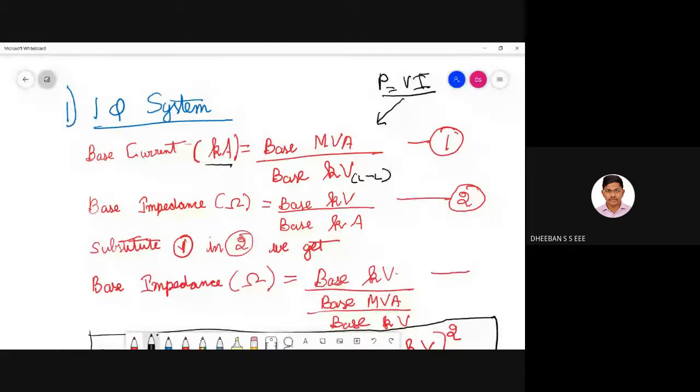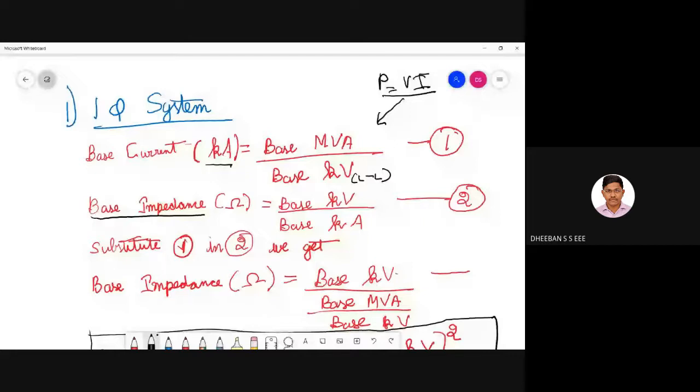So in case of the per unit, if you want to find the per unit, as we have seen, the formula for the per unit is actual value divided by your base value. Initially they will be giving your actual value. It is you who have to find the base value, so you have to find the base impedance.